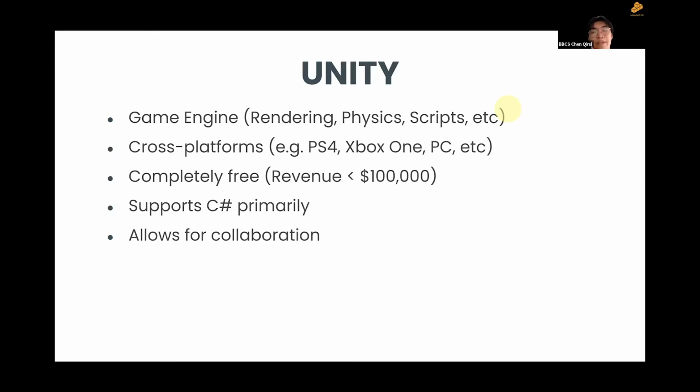That means you can create games for consoles like PS4, Xbox One, PC, and mobile games also. It is also completely free so long as your revenue is less than 100K. So it's really good for beginners and students to come in and have fun with Unity and make some games on your own.